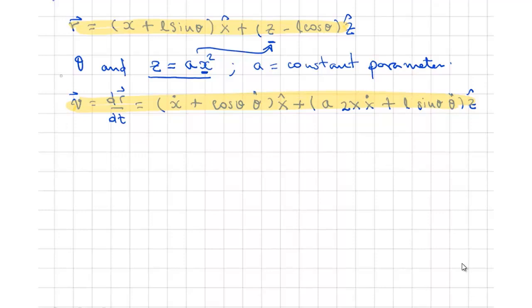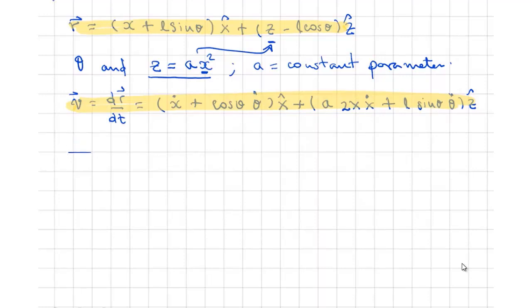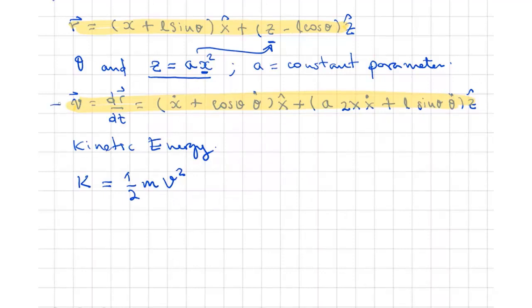Do you remember that the kinetic energy K is equal to 1/2 of the mass multiplying the velocity square? And the velocity is the square root of the norm of this expression, of this vector.